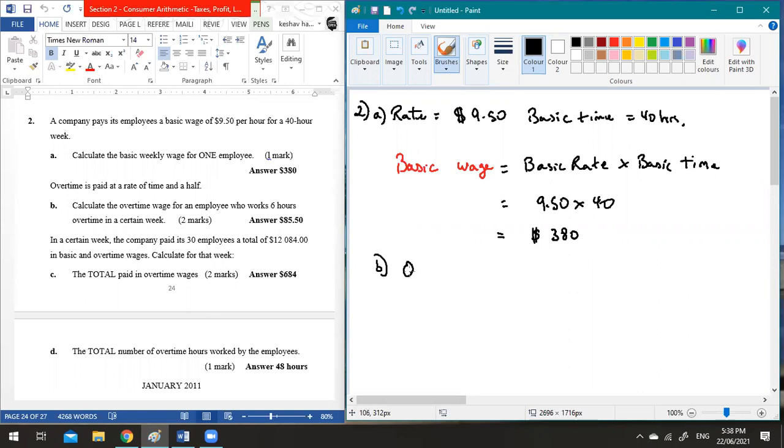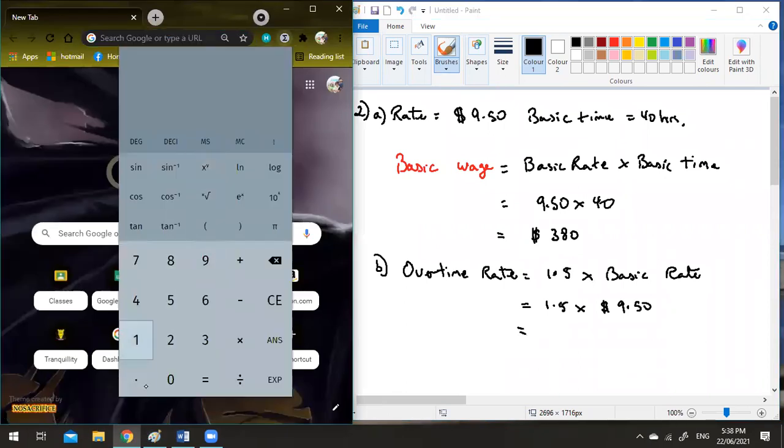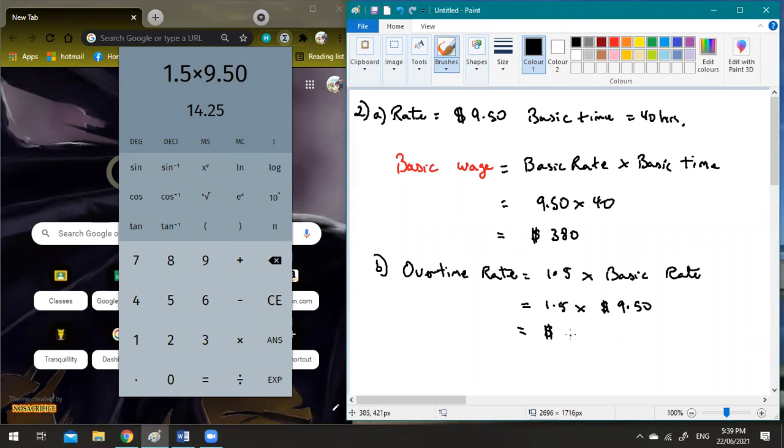So the overtime rate is 1.5 because it says time and a half by the basic rate. So 1.5 multiplied by $9.50. So $14.25.